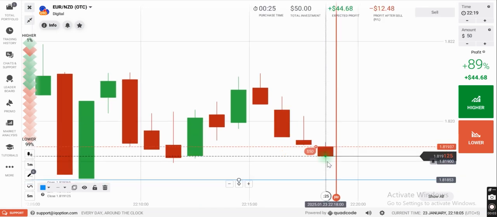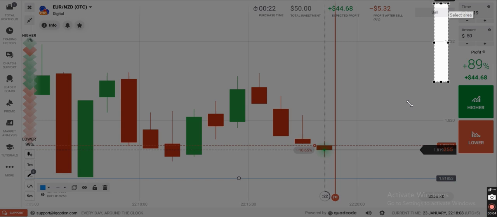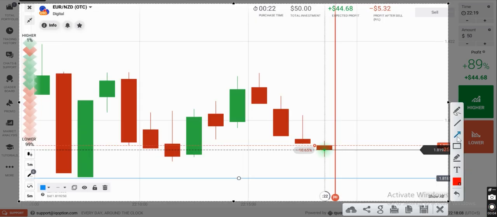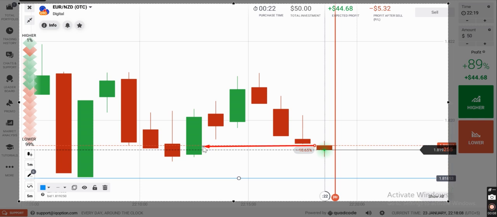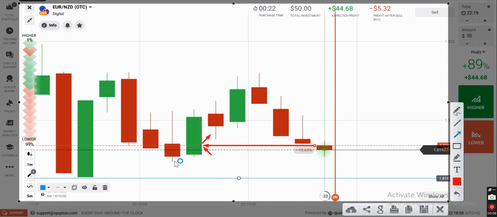Why? Because if you analyze this market here, you can easily see one thing: it is your left side. There is no fair value gap, there is no level, there is no swing low.